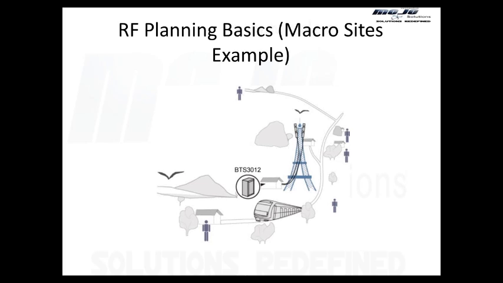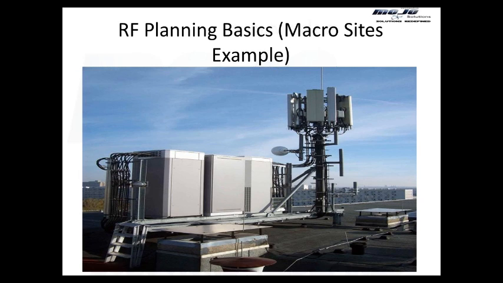What is the design objective of that site? If our design objective is to cover that fast moving train as well, then we'll have to optimize that site accordingly. And there are a lot of other parameters which we need to know. So this diagram is just the environment of versatility. We have mountains which we have to cover across, so we have to optimize and design our site according to that as much as possible.